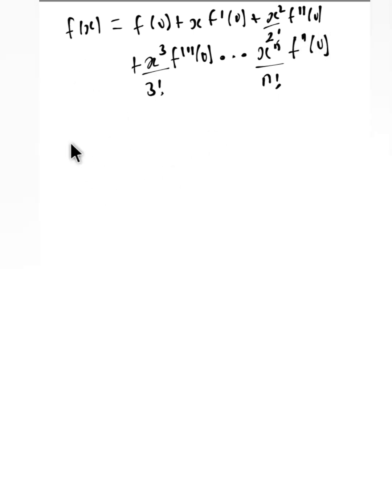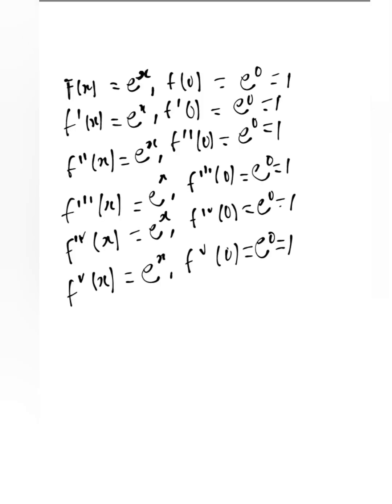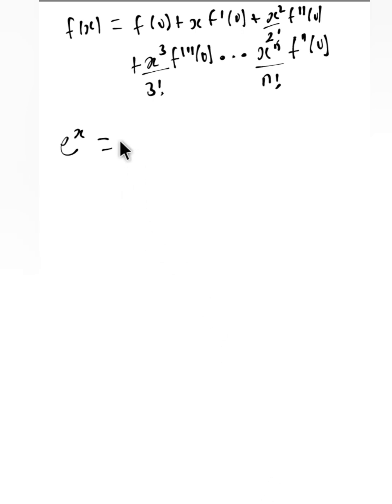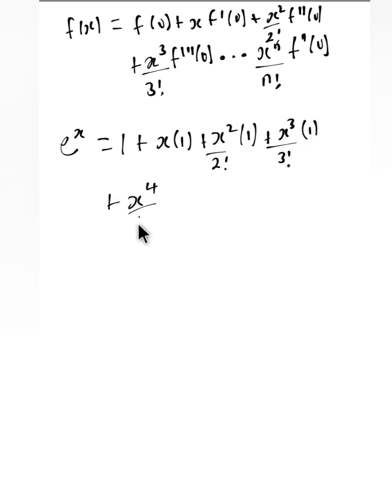So f of x here is the exponential of x, and this is equal to, remember that all the derivatives, whether the first, second, third, or fourth, are equal to 1. So we have 1 plus x times 1 plus x squared over 2 factorial times 1 plus x cubed over 3 factorial times 1 plus x to the power 4 over 4 factorial times 1 plus x to the power 5 over 5 factorial times 1.